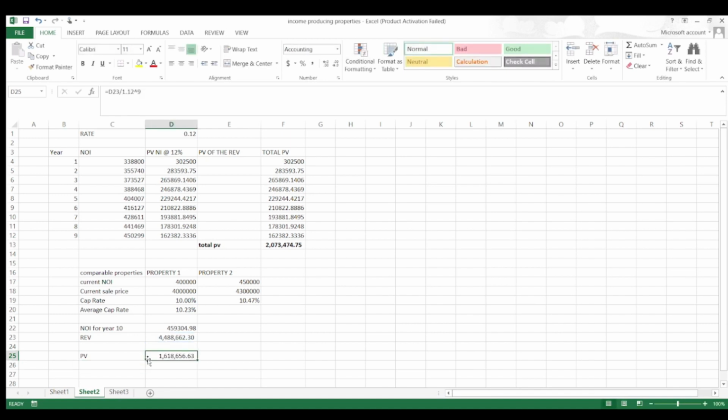So that's the present value of the reversionary amount, which is right here. So now in our case, our total present value has changed to 3.69, assuming we are using the cap rate based on the current sale price of comparative properties.